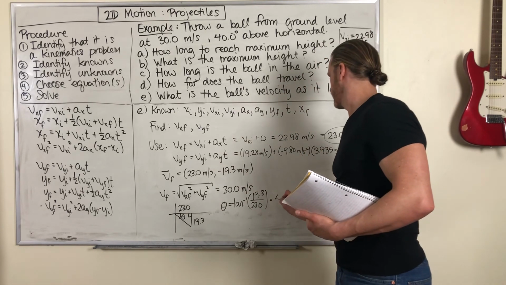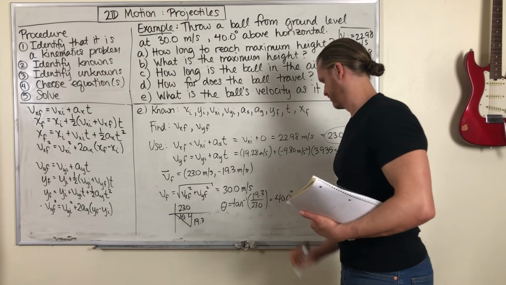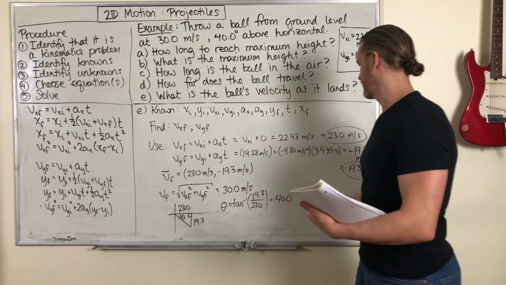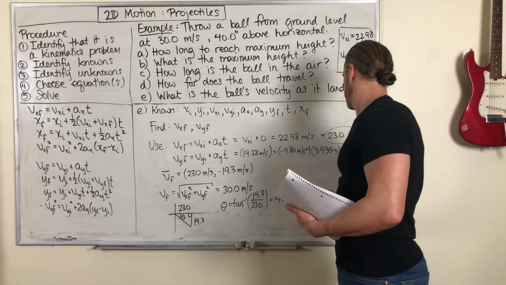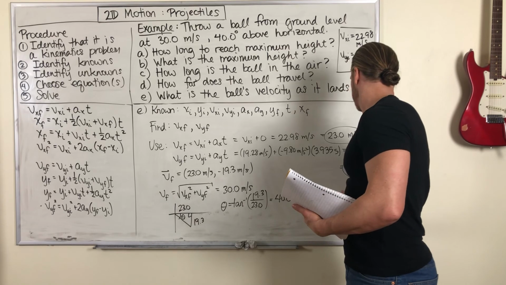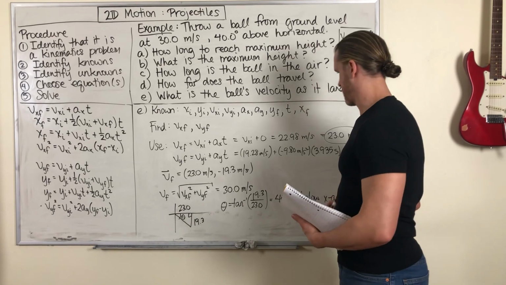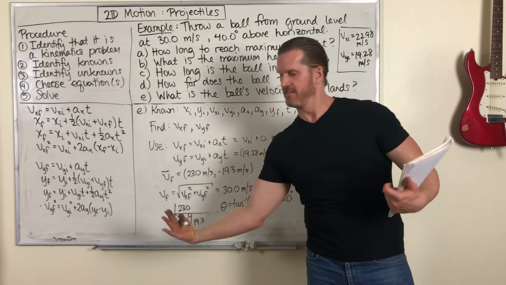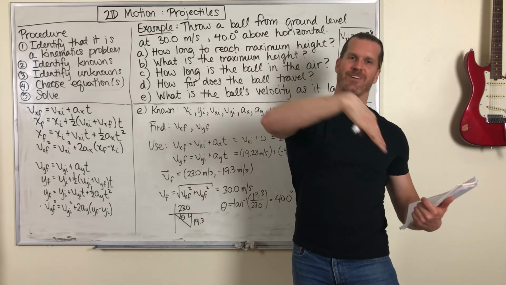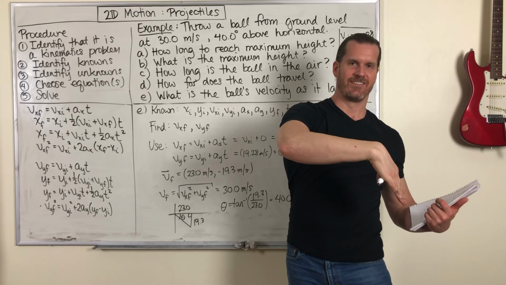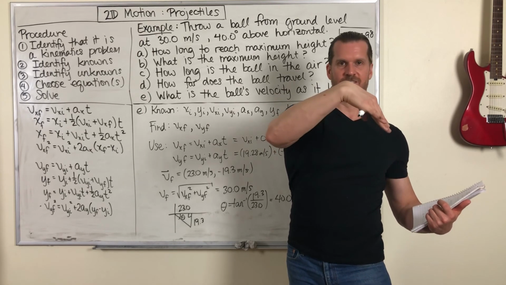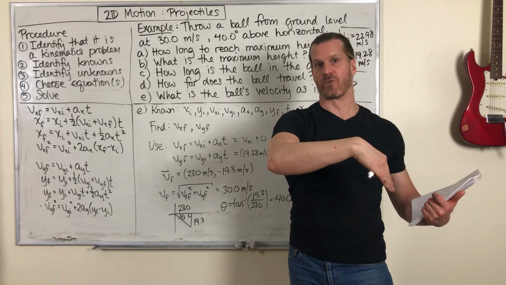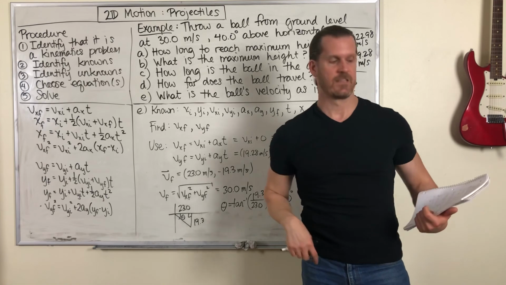That gives you 40 degrees, and that 40-degree angle is below the x-axis. So we launched at 40 degrees above the horizontal, and then when the ball lands, it has the same speed and the same angle, except the angle is tilted downward, below the horizontal this time.